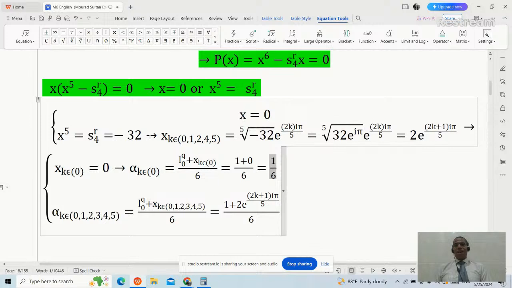I'll just use xk where k belongs from 0 to 5, meaning that the root alpha indexed k, for k equal 0, 1, 2, 3, 4, 5, is 1 plus xk over 6. So it will be 1 plus 2 exponential of (2k plus 1) I pi over 5, divided by 6. So these are called the roots of my original polynomial.